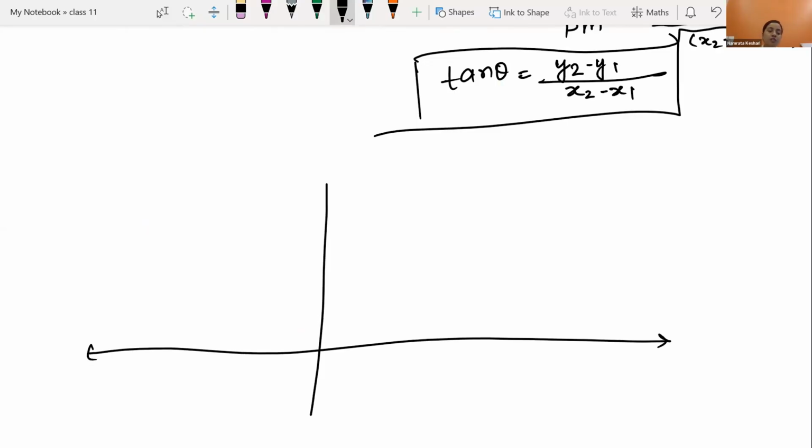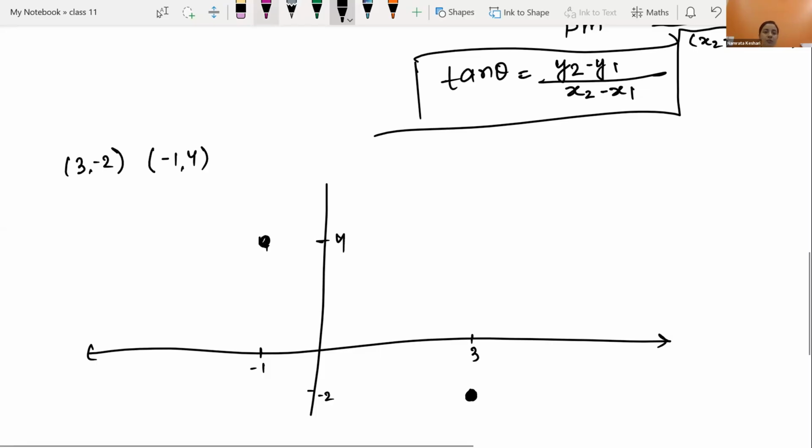The first point was 3 comma minus 2 and the next point was minus 1 comma 4. So x is 3, y is negative 2, somewhere here. And x is minus 1, y is 4, somewhere here, right?